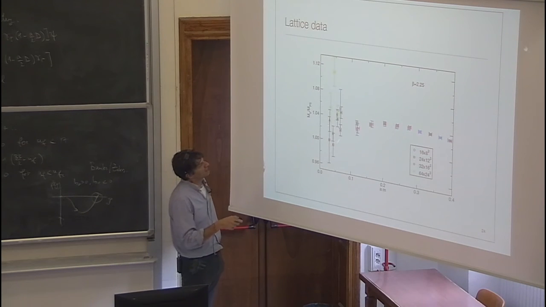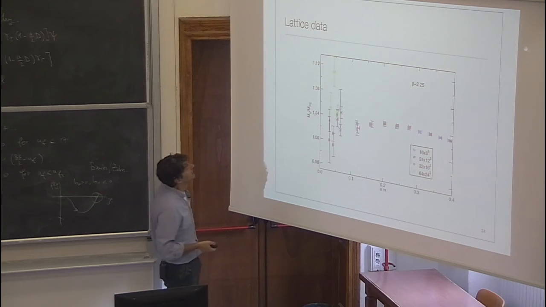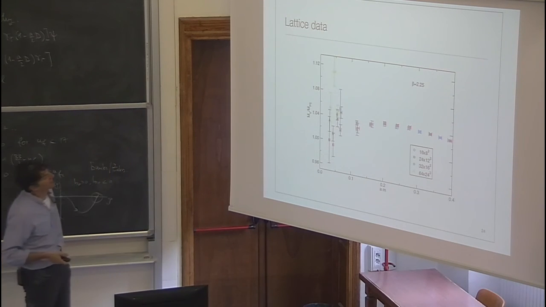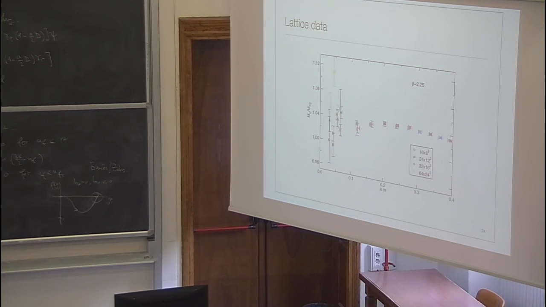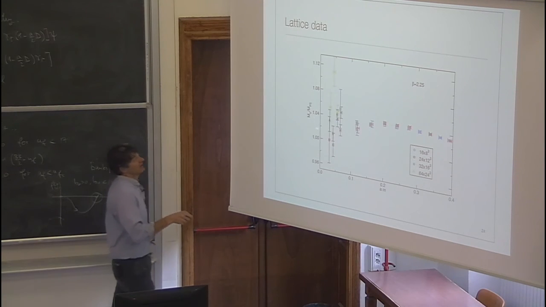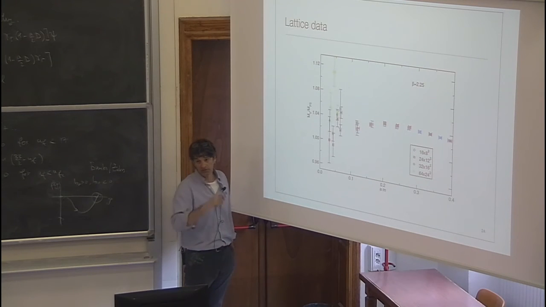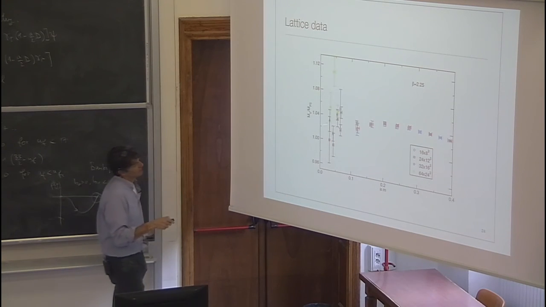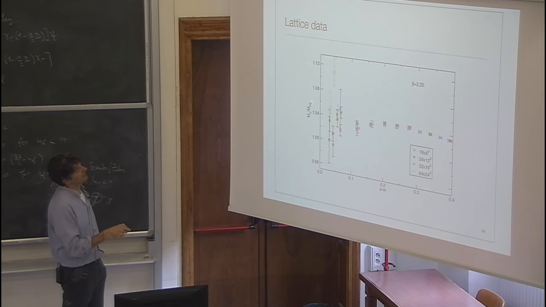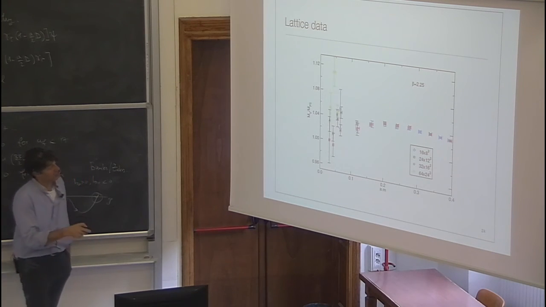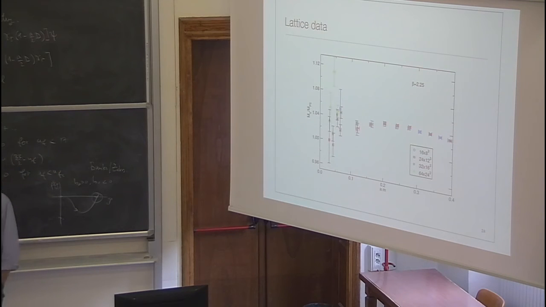Okay, so if you look at that on this scale, it looks rather messy. If you look at the axis, it's not so bad actually. These are fluctuations by just a few %. And what you see here is that this ratio seems to go to a constant as you send the quark mass to 0.